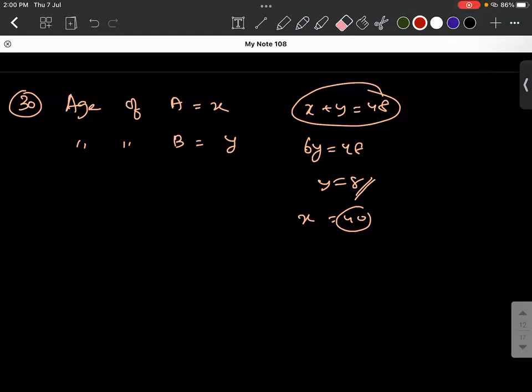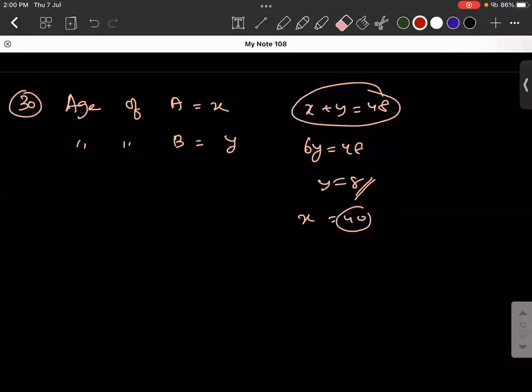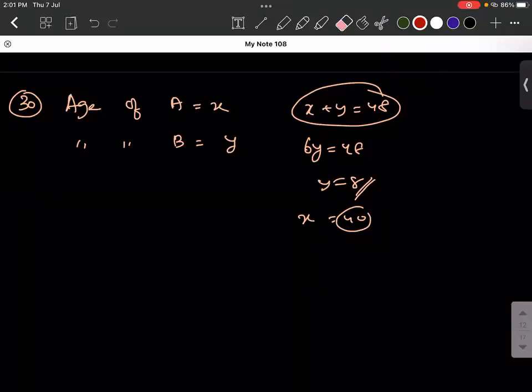So did you understand question 31? The initial investment made was 60,000. It was made partly at 3% per annum and the remaining at 4% per annum. What is the meaning of 60,000 being invested partly? Out of 60,000, he didn't invest the complete amount at 3%.